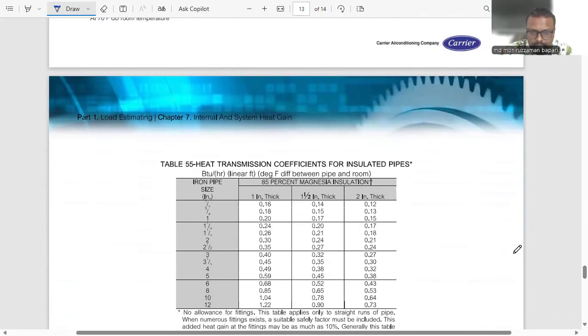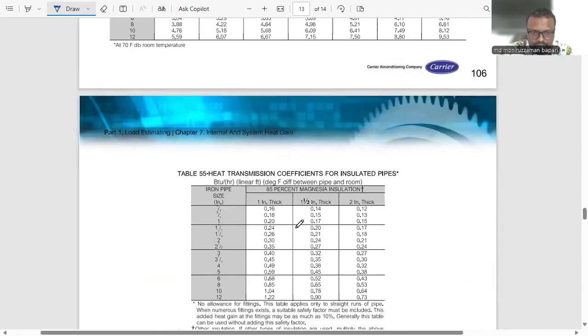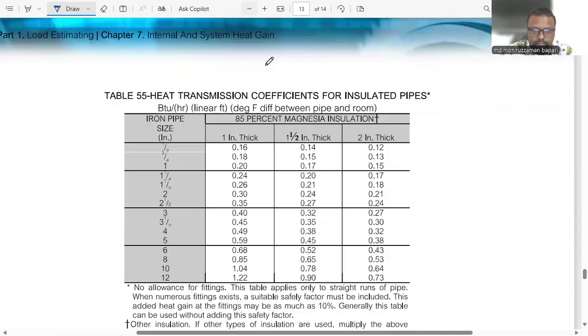So very simple. For instance, let's consider a pipe with insulation in our discussion. Heat transmission coefficient for insulated pipes, BTU per hour per linear feet per degree Fahrenheit. So here is the pipe size, 2 inch.